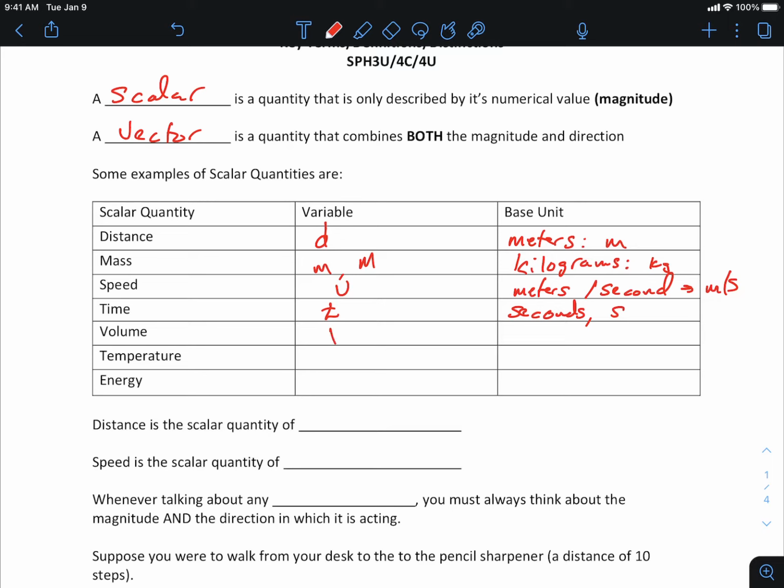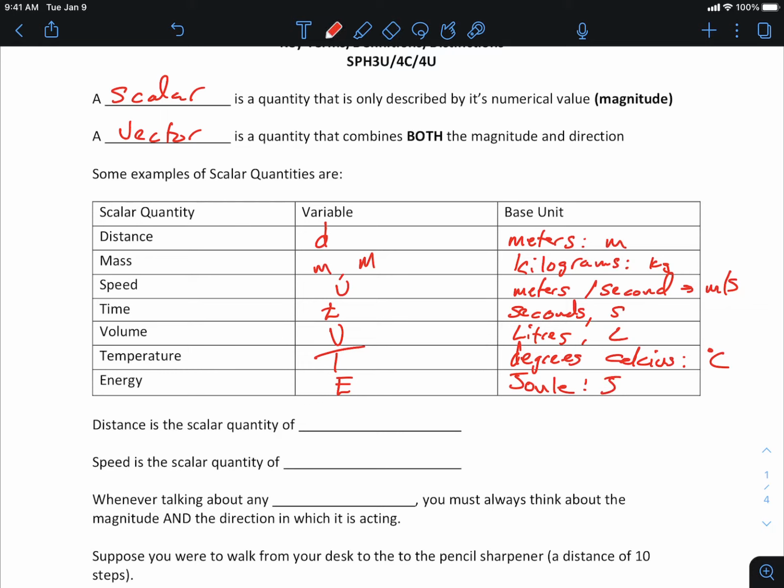Volume would be a capital V, its base unit would be liters or L. Temperature would be a capital T, and it's degrees Celsius or degrees C. And then energy is measured as an E, and its base unit is the joule, which we will do lots of work with after. Because I don't expect this to mean much to some of you.